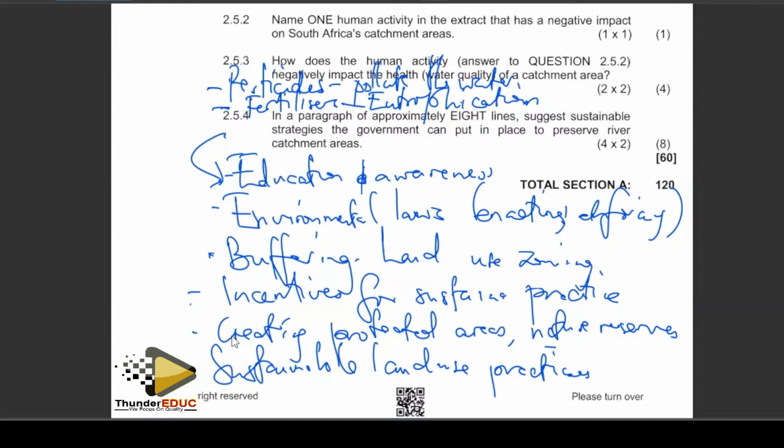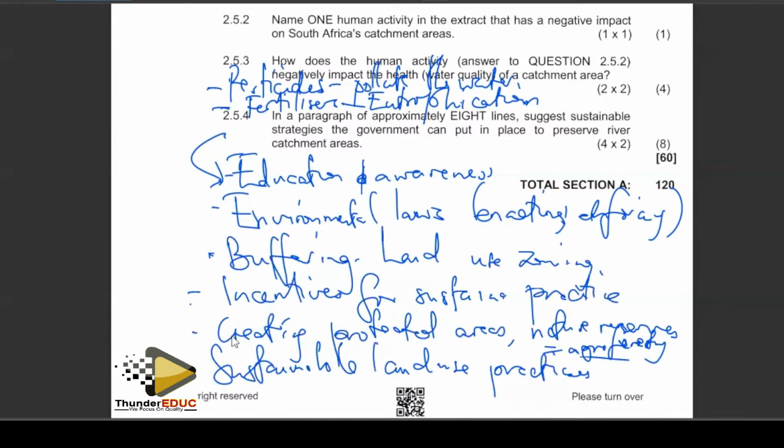They will harm the catchment areas and the rivers. They should be avoided. Introduce sustainable land use practices, for example agroforestry. It's sustainable. It helps sustain our catchment areas and our rivers.